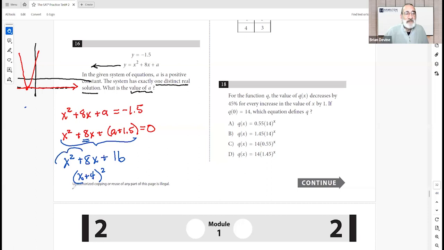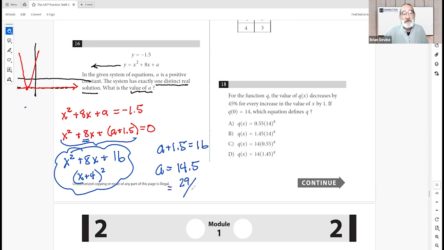And so working on this idea, then A plus 1.5 must equal 16, which means that A has to be 14.5. Or you could rewrite that as 29 over 2. Either of those were good answers.